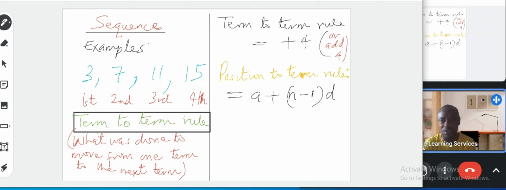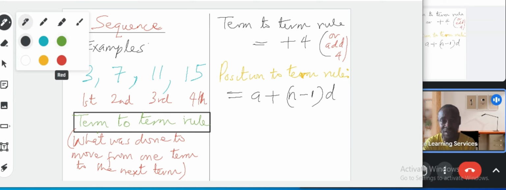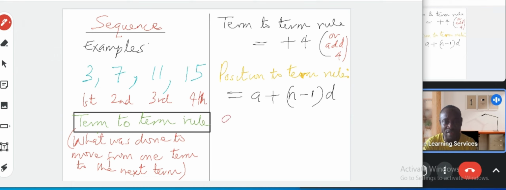But let me define each of them first of all. Pay attention, it is very interesting. A is the first term. N is the nth term, the term we're looking at, or number of terms.